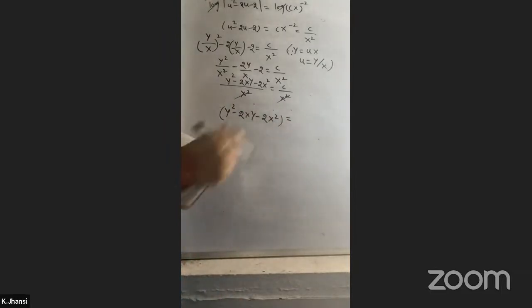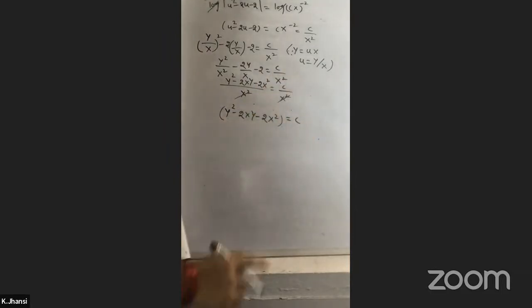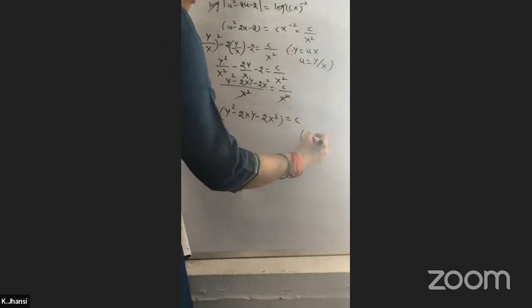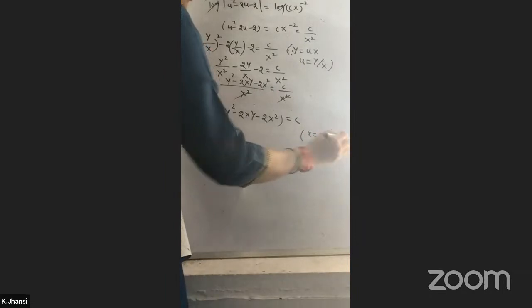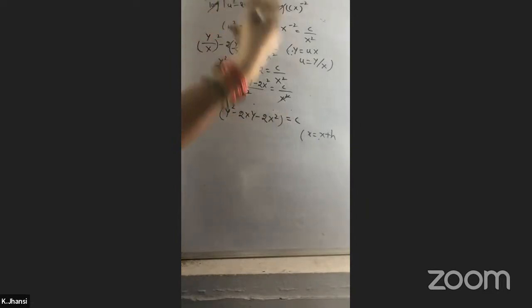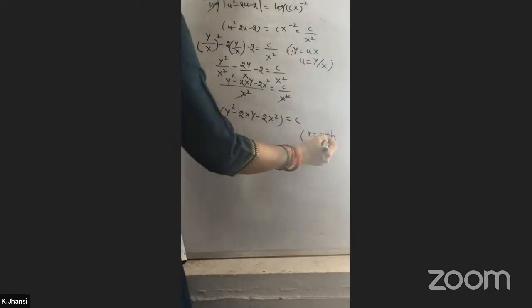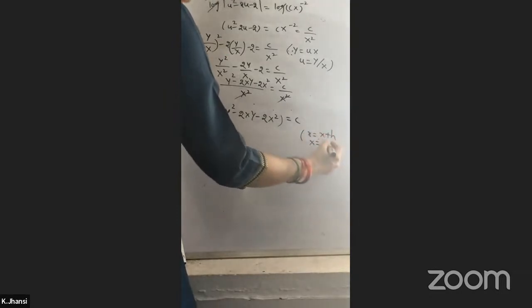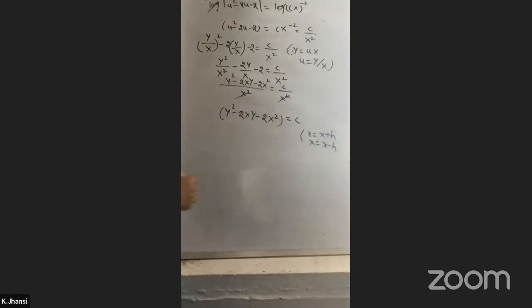Okay. Now again, starting with what we have put, that is small x is equals to capital X plus h. Now all the terms in whatever answer we got are in capital X. Now you have to convert them into small x. So what will be the capital X? Capital X equals to x minus h. Okay.